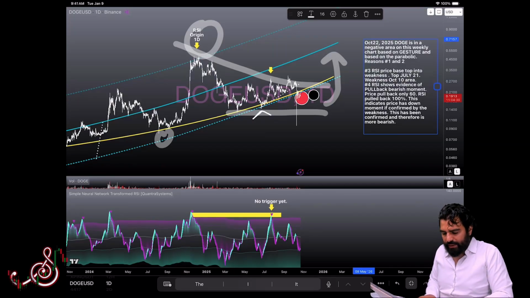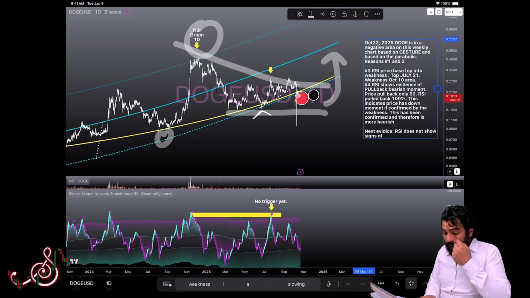Next evidence, we're going to say RSI does not show signs of a lower low from the origin yet.